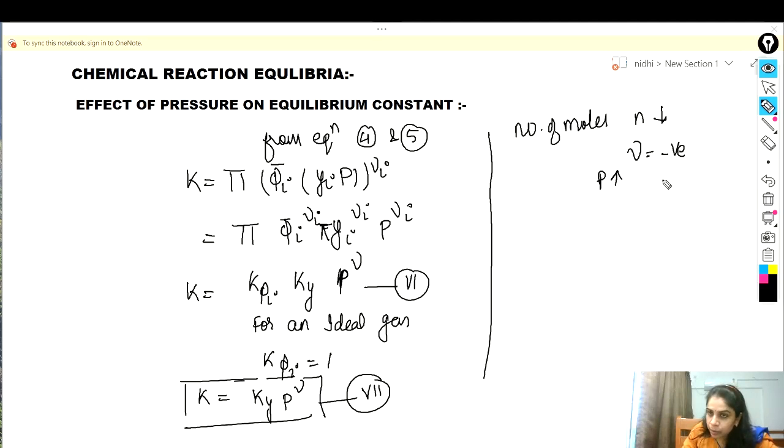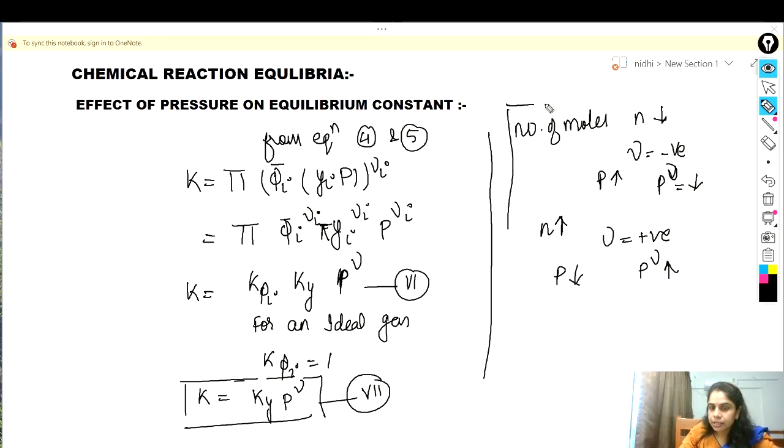And if the number of moles in a reaction increases, then nu will be positive. If nu is positive and pressure decreases, then P to the power nu will rise. So from this equation we get the effect of pressure on composition, right?